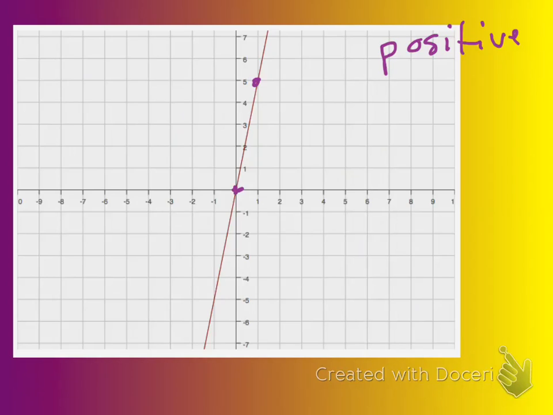So for my calculations, my rise is going to be up 5, and my run is going to be over 1. So that makes my slope 5 over 1, which becomes 5, which you will notice is a little bit more difficult to ski, but it's not quite like the undefined, where at least a slope of 5 I can ski down.